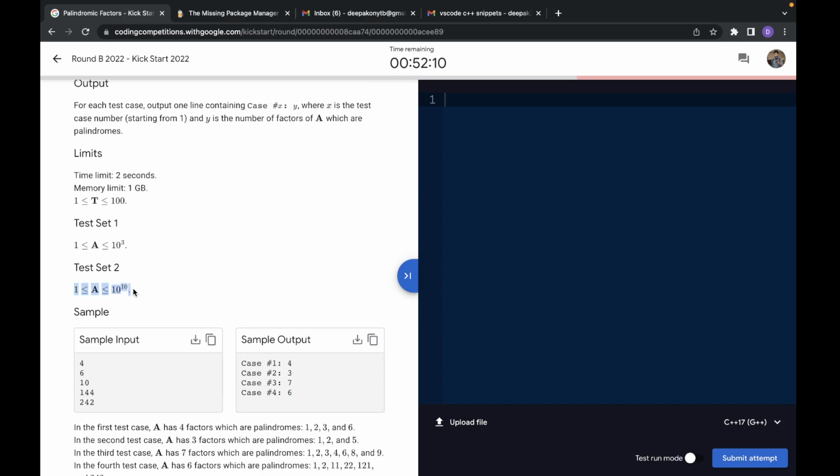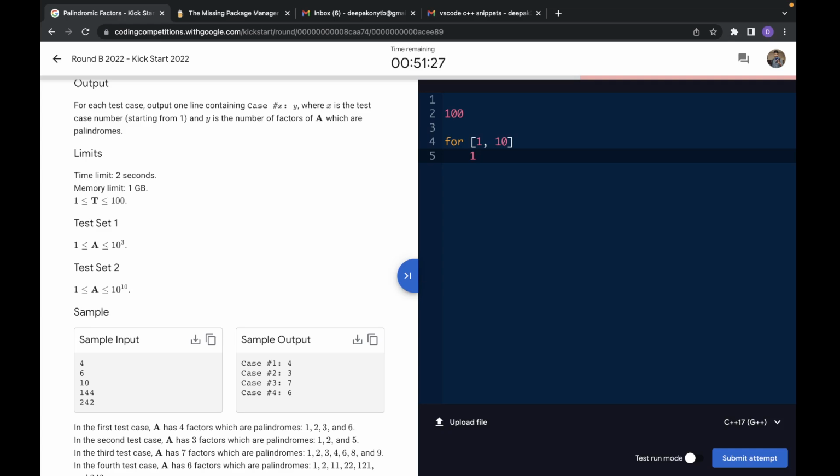And your limit on the number is 10 power 10. So what you can do is look at all the divisors of this number up to the square root of this number. What I mean to say is, let's say you have the number 100, then you can simply look for all numbers in the range from 1 to 10, because 10 is the square root of 100. When I look at every number, let's say my current number is 1.